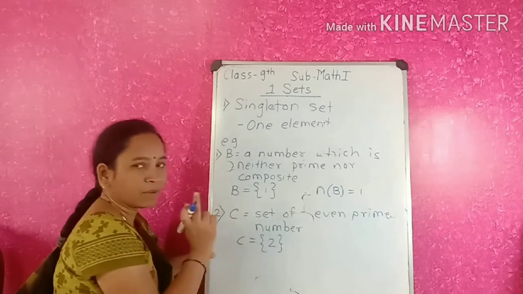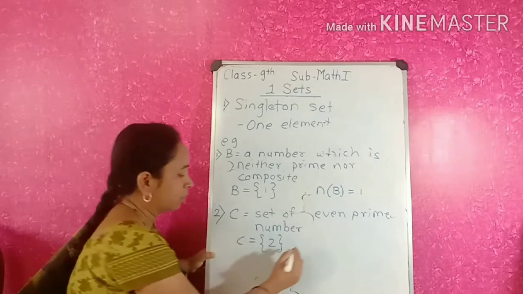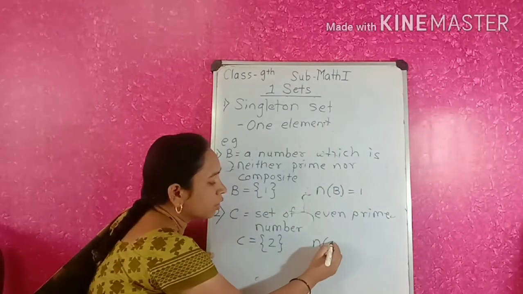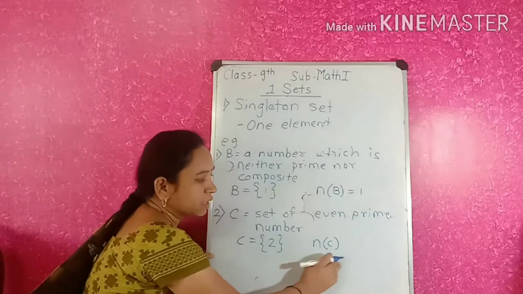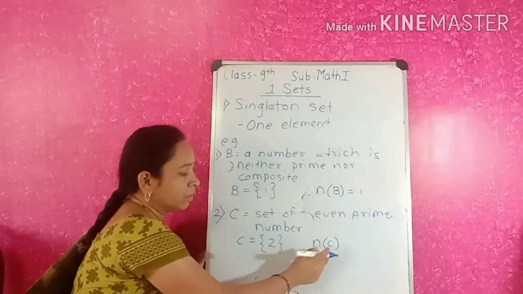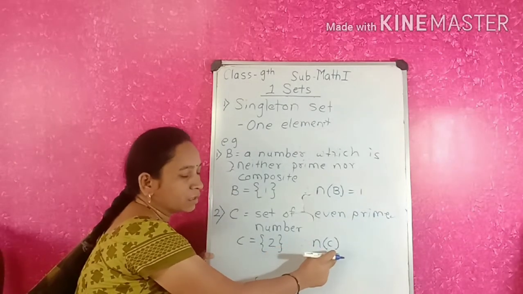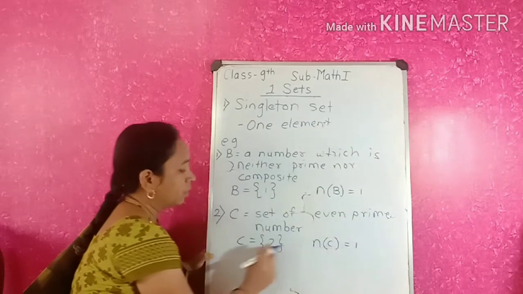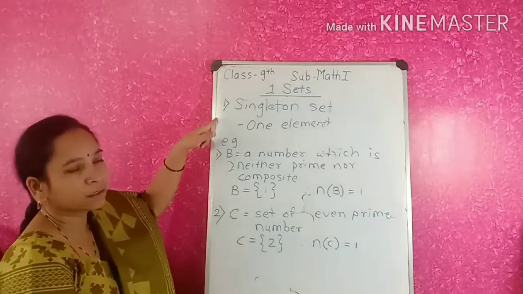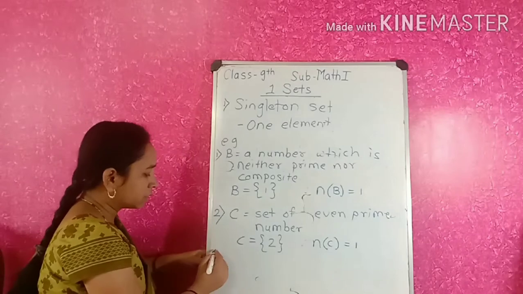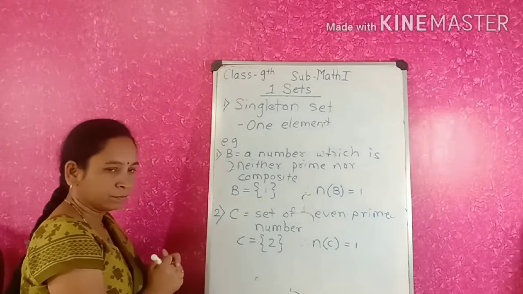In this set only one number is there. One number means one element. So n of C, the number of elements in C, is a way of writing the number of elements. So n of C is equal to 1. Therefore C is also called singleton set. Now we'll see the next example.